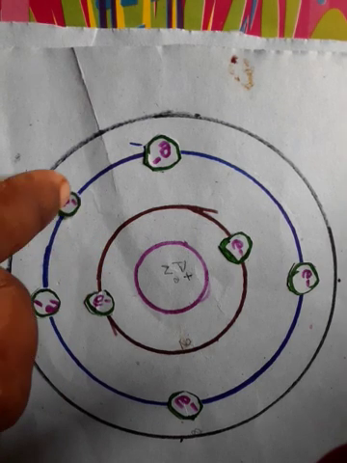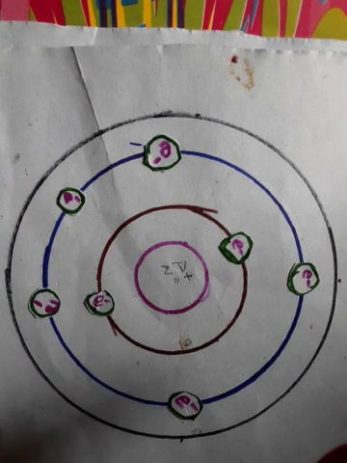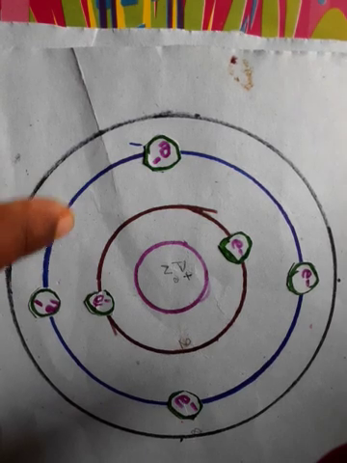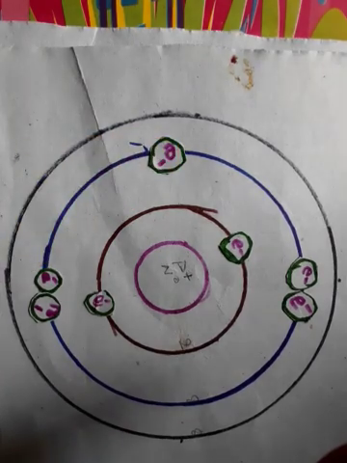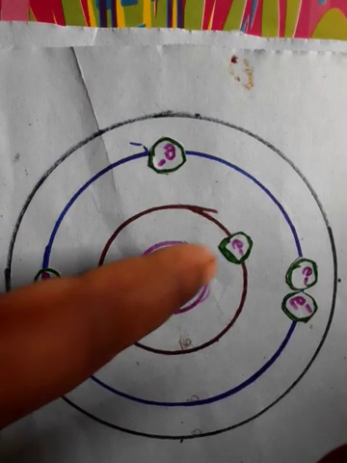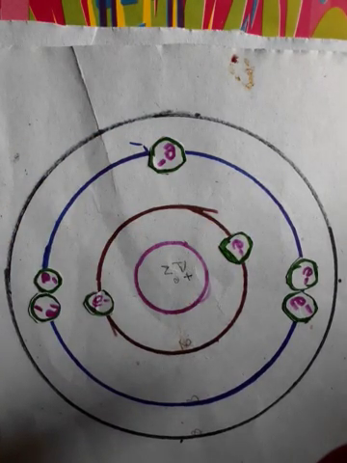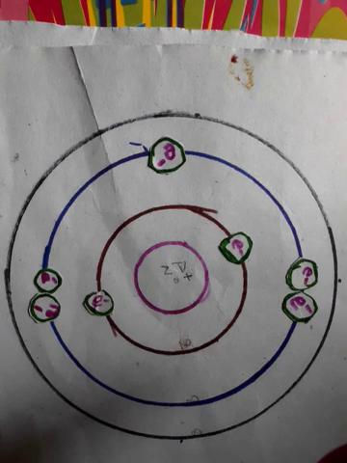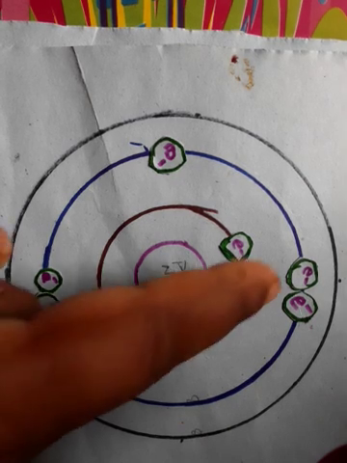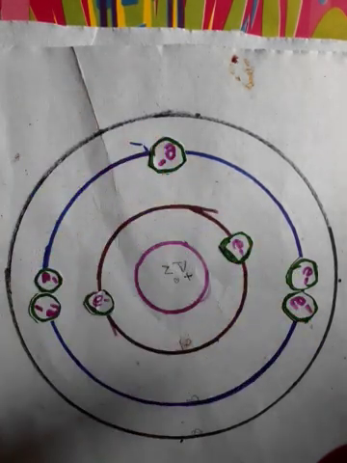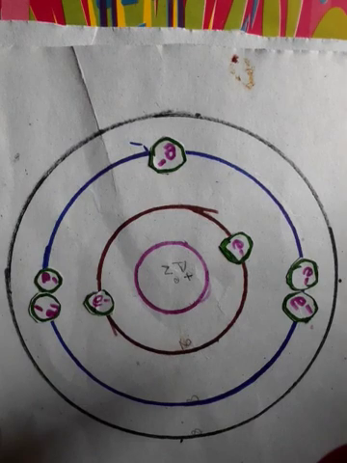Nitrogen has 7 electrons. So 5 in the second orbit and 2 in the first orbit. Nitrogen has 7 electrons, so 1 2 3 4 5 6 7, and this is the atomic structure of nitrogen.